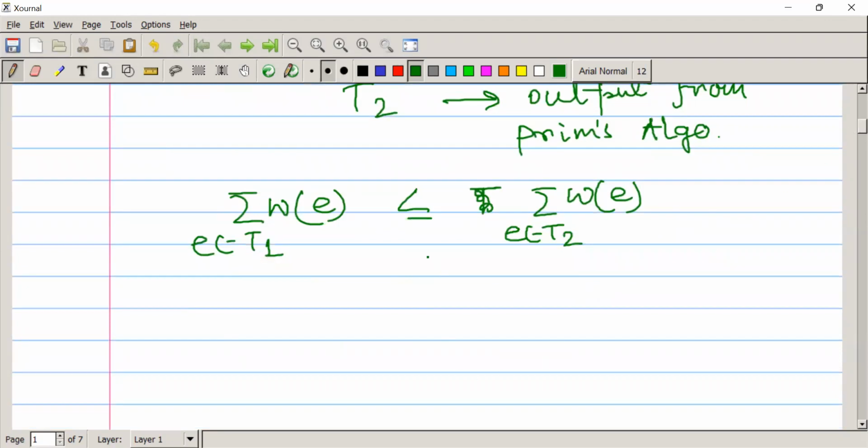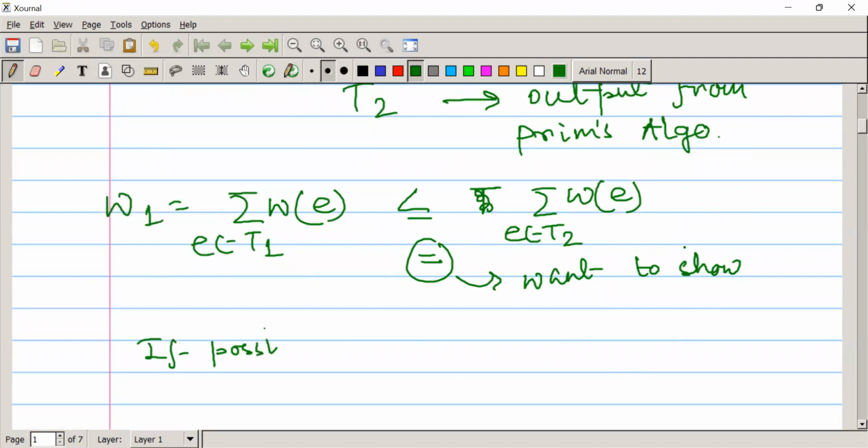And we want to show that actually these two are equal. So if possible, say this is W1 and this is W2, and let W1 be strictly less than W2.